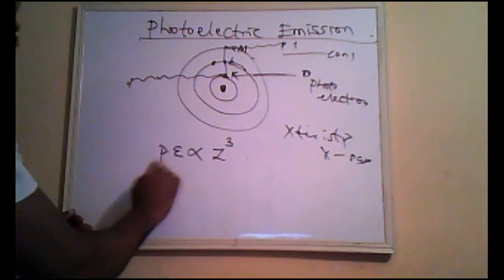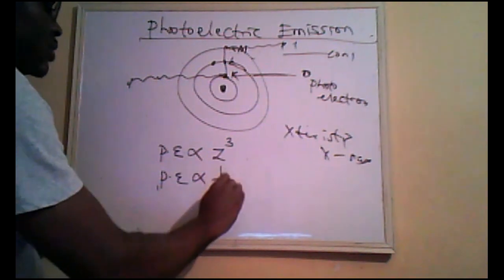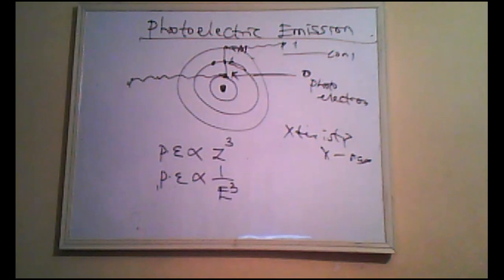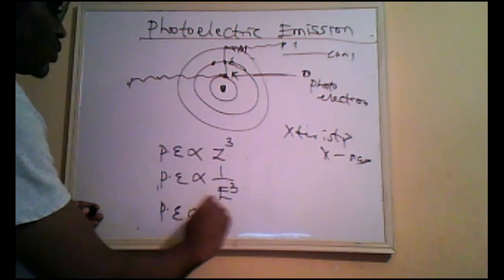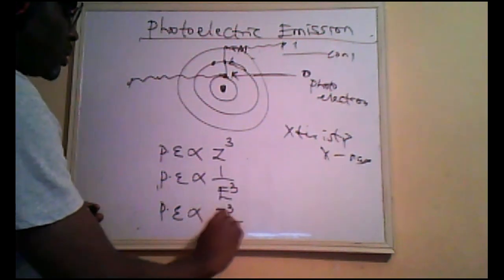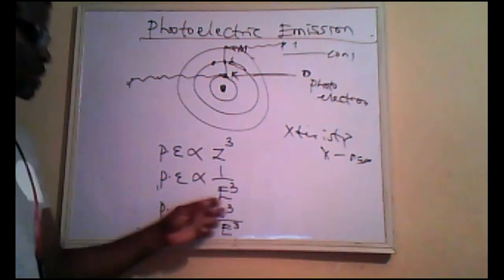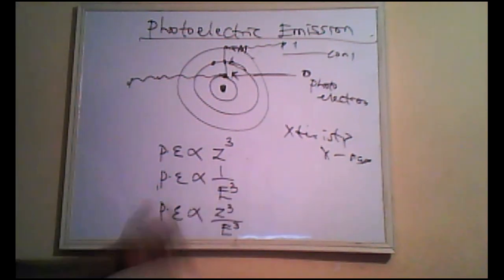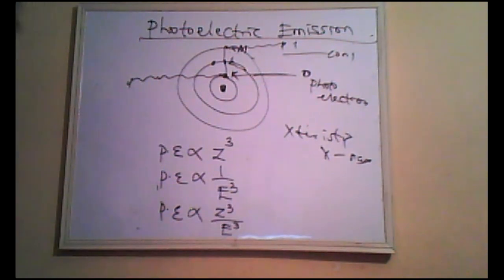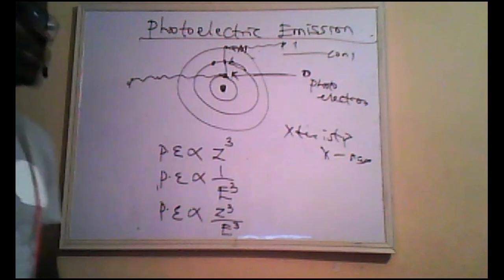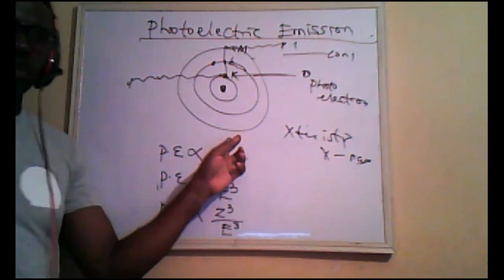It is also inversely proportional to the energy raised to the power 3. So combining these two, it is proportional to Z cubed over E cubed. You can see this is greatly affected by the Z of the material, and of course the energy of the photon. It is not the same thing with Compton scattering, which is not so dependent on Z.